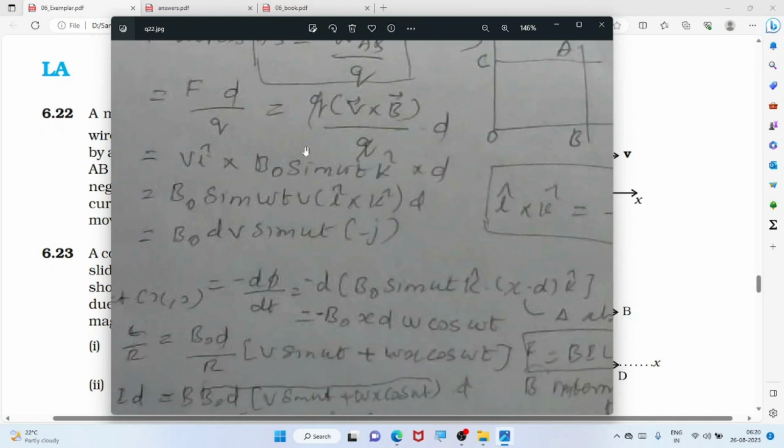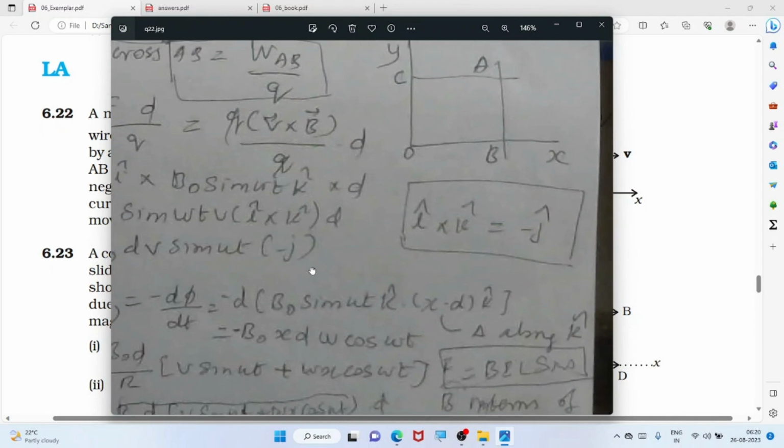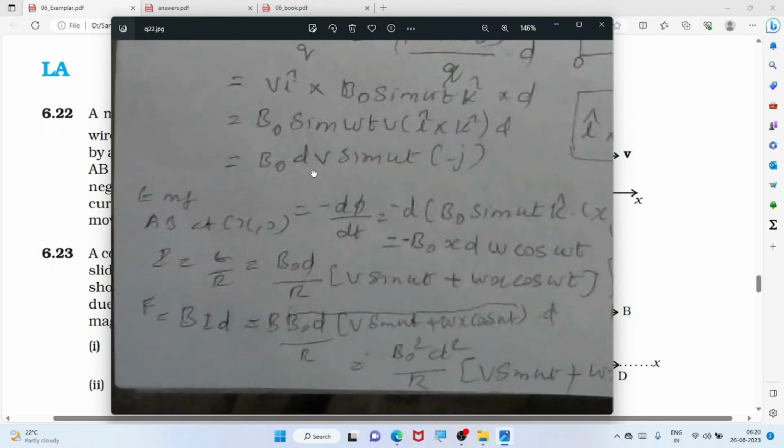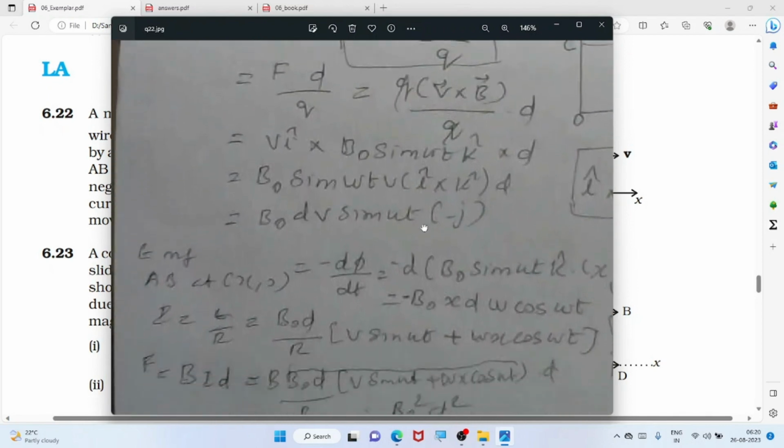So V, then B is given, times D. On B, the cross product of I and K is minus J. I already showed you I cross J equals K, so I cross K equals minus J. So we found the EMF.